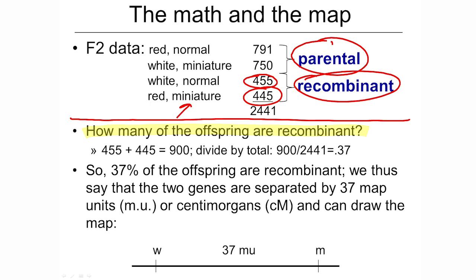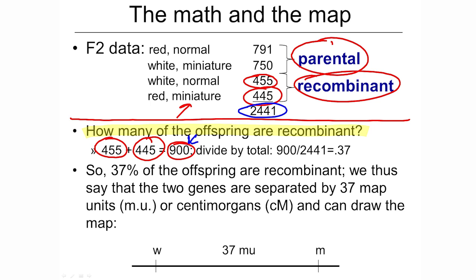So what we just have to do, and you can have a calculator handy if you want to, I sort of cheated by doing the math beforehand. Usually you are allowed a calculator on an exam in this situation. So 455 plus 445, the grand total equals 900. So out of the total of 2,441 fly offspring, 900 of them were recombinant.